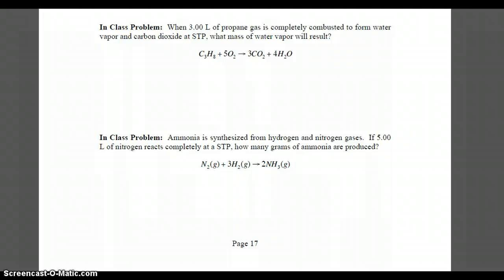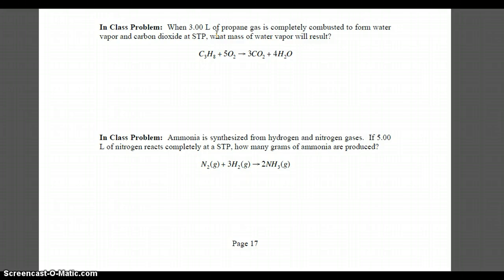Okay, and now in this particular problem it reads, when 3 liters of propane gas is completely combusted to form water vapor and carbon dioxide at STP, what mass of water vapor will result? So in this case, you're given a volume of your gas to begin with, and so then you can easily convert that into moles of gas given the 22.4 liters per mole conversion factor.